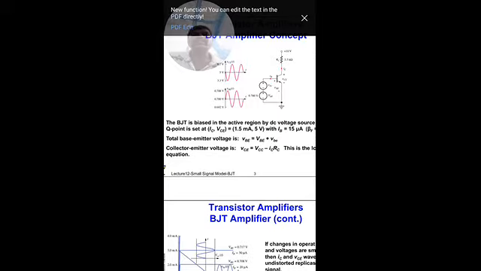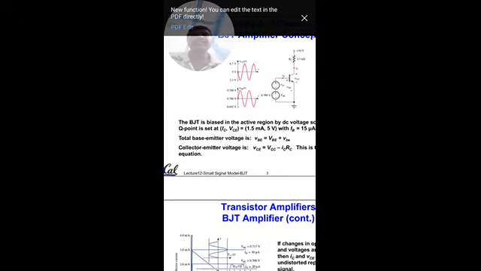Now with this condition, the total base emitter voltage VBE is the sum of the DC biasing base emitter voltage and the AC base emitter voltage after the application of the signal.